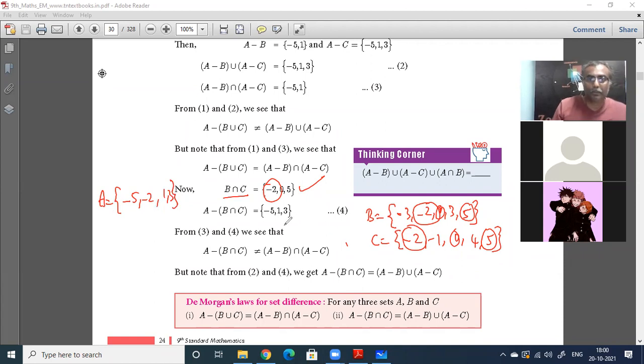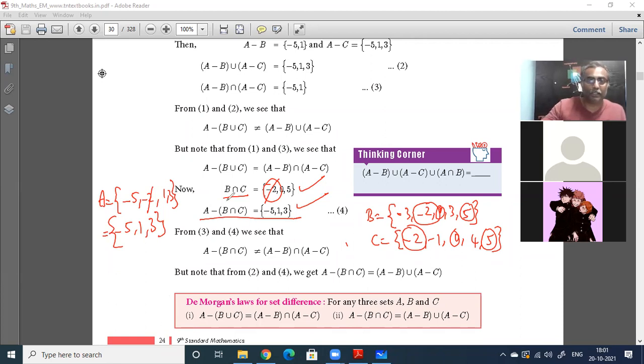So A minus (B intersection C): minus 5 is there, because there is no minus 5 in B intersection C. Minus 2 will cancel. 1 is there, 3 is there. Okay, so this is correct.